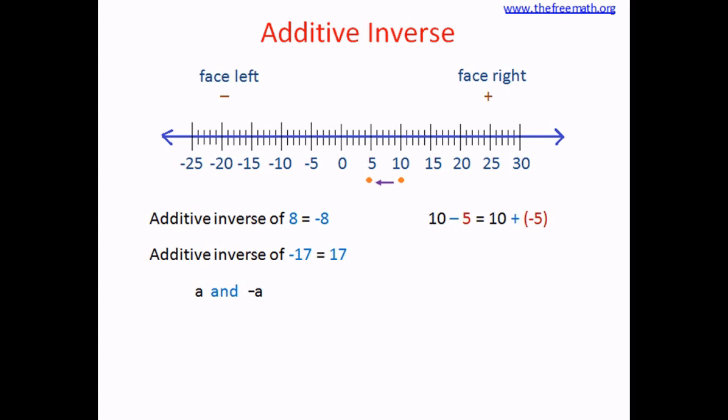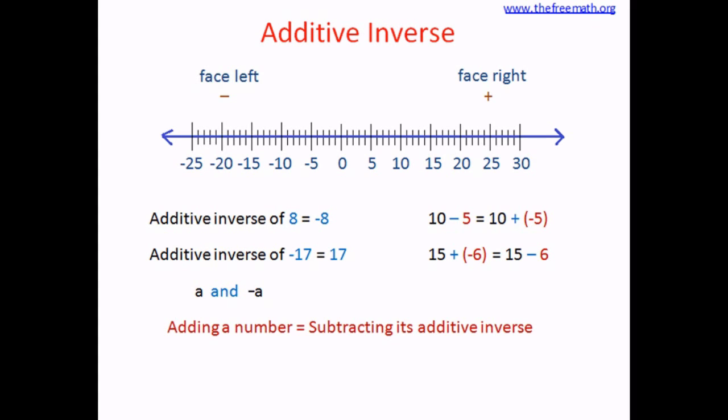Here 5 and negative 5 are additive inverse of each other, and subtraction and addition are opposite operations of each other. Similarly, if you have 15 plus negative 6, that can be written as 15 minus 6. Again, adding and subtracting are opposite of each other, and negative 6 and 6 are additive inverse of each other.